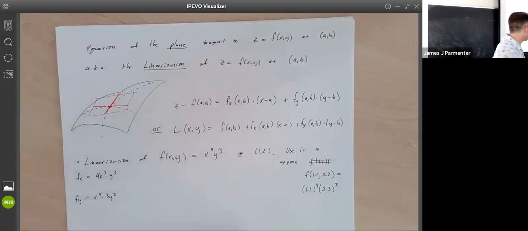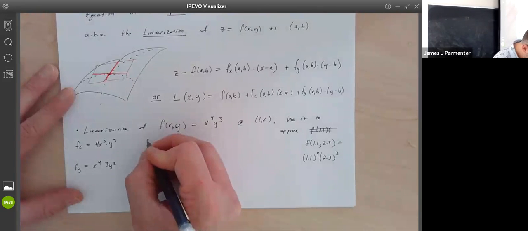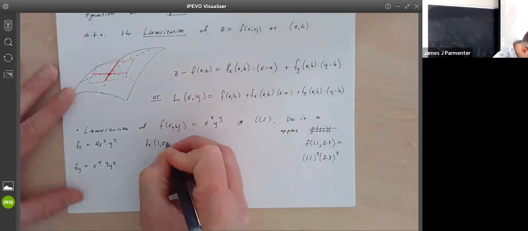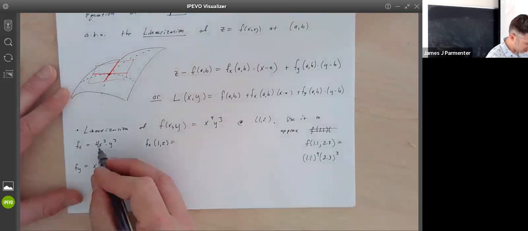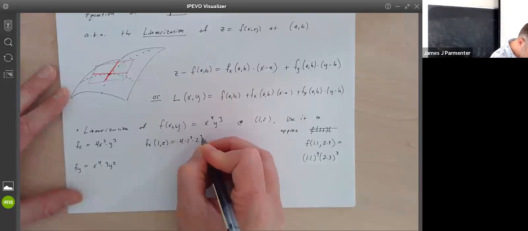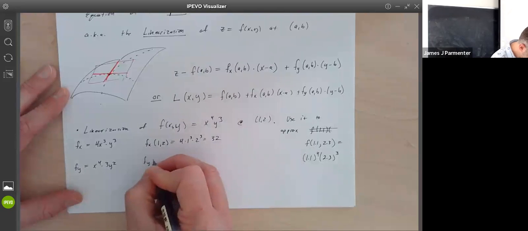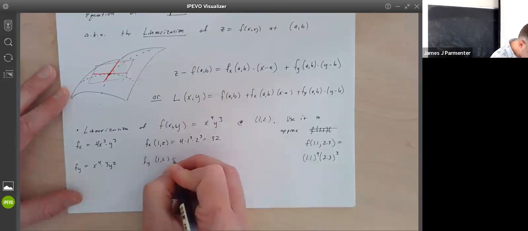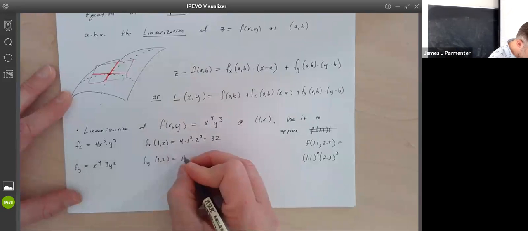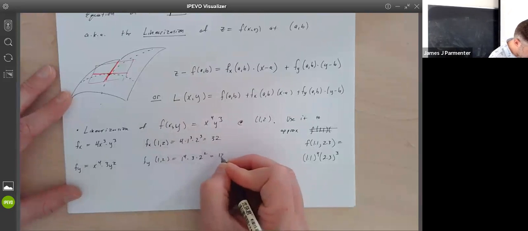And what we actually need is those partials evaluated at the point of interest, meaning I need f_x at (1, 2), which is going to be 4 times 1 times 8, which is 32. I need f_y at (1, 2), which is 1 to the fourth times 3 times 2 squared, which is 12.